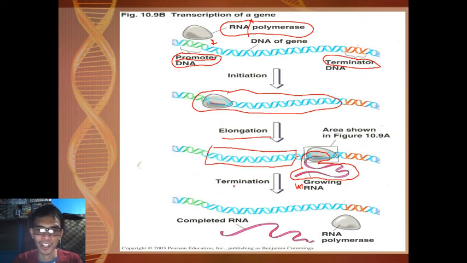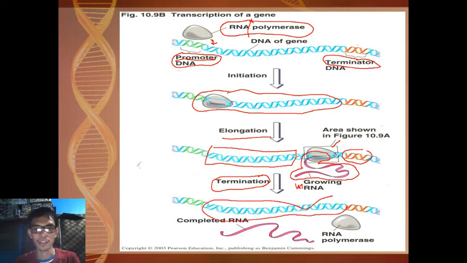Alright, so we have the termination. Obviously, the RNA polymerase does not have all the time to copy everything on the DNA. What is shown here is that the RNA polymerase only copies the strand of the DNA needed.